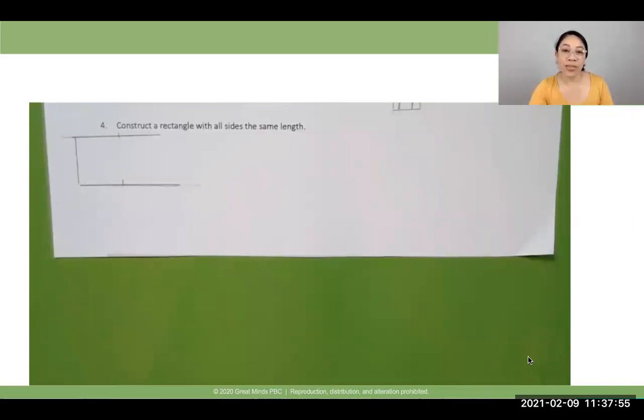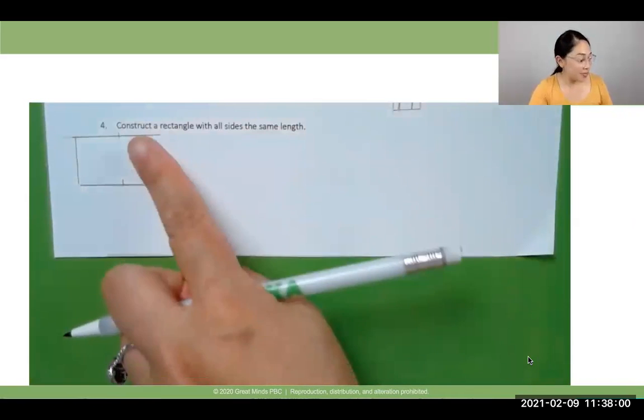Finally, draw a fourth segment perpendicular to the first segment through those marks.